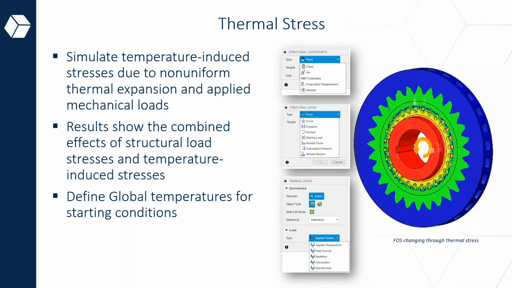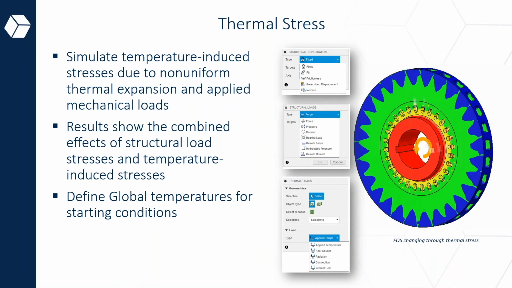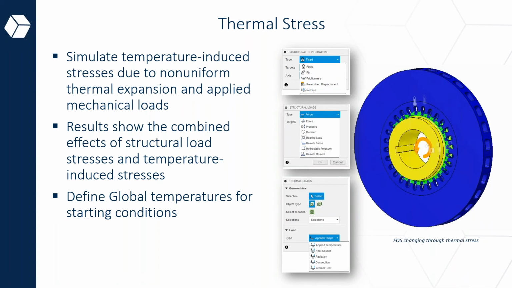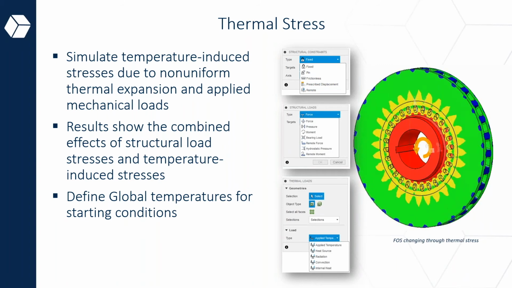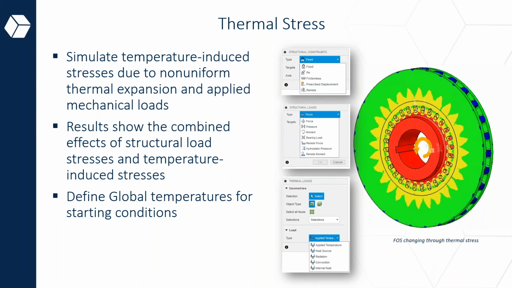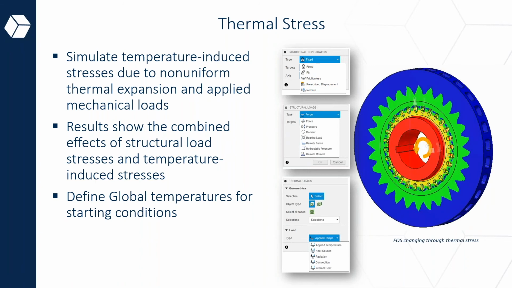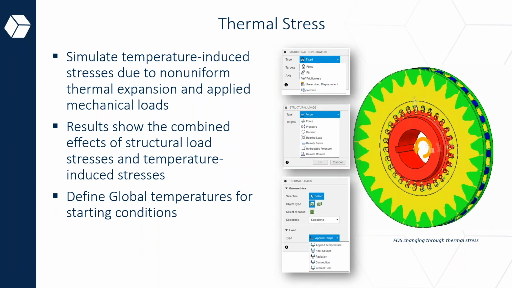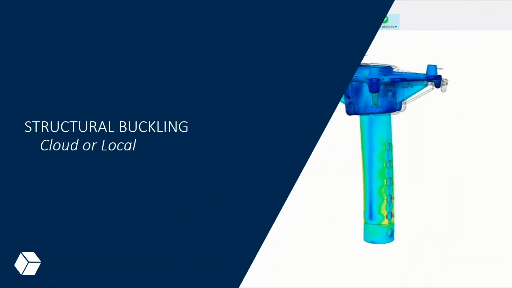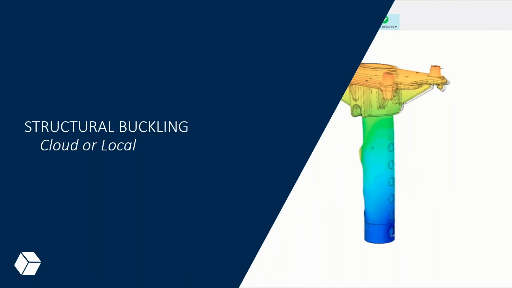What this allows you to do is check the thermal stress distribution in combination, how the part will react to the stress due to the temperature, or energy moving through the part. It also combines that with the structural load stresses and temperature-induced stresses, allowing you to determine how the part would react under those conditions.